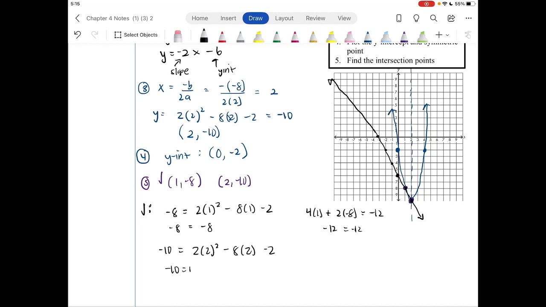And it does. So far, so good. Plug it into the linear equation, so 4 times 2 plus 2 times negative 10, does that equal negative 12? And it does. So now we know that both of our equations check out, we have graphed them correctly, and we have our two solutions.